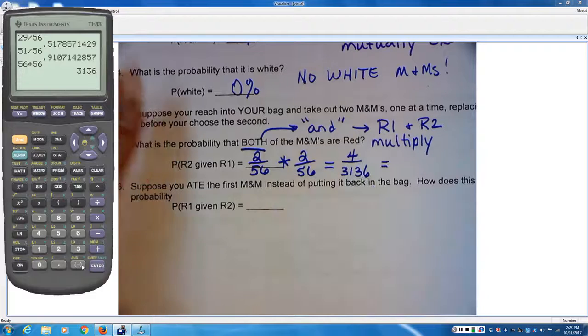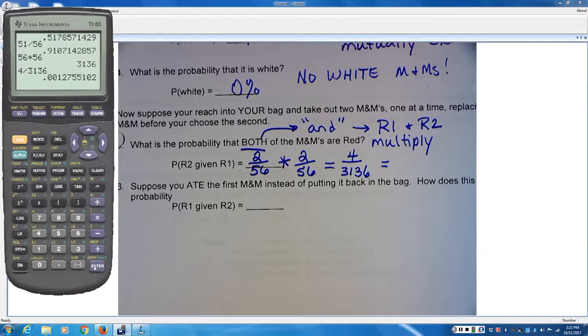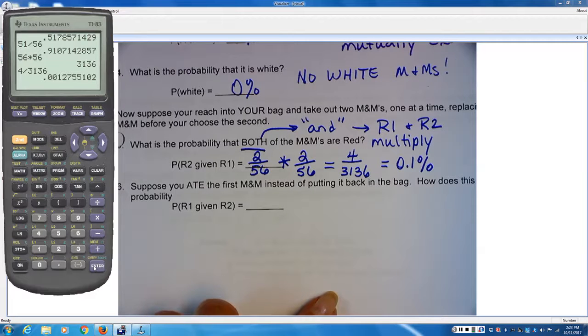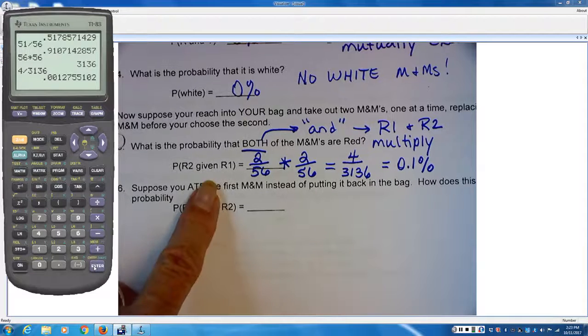So I can tell that's not really likely to happen. In fact, it's darn near impossible because it's only going to happen 0.1% of the time, at least in my bag. This is an example of an independent event.